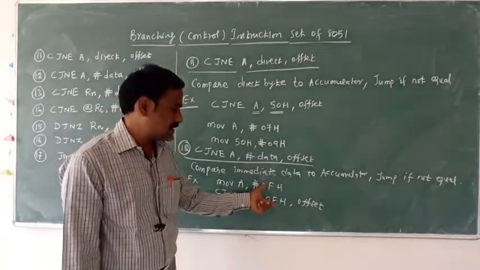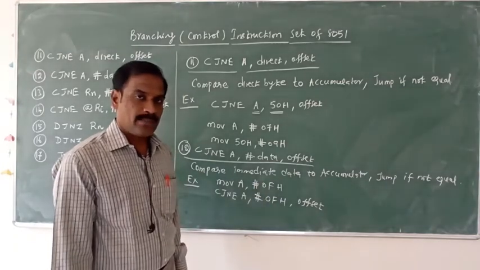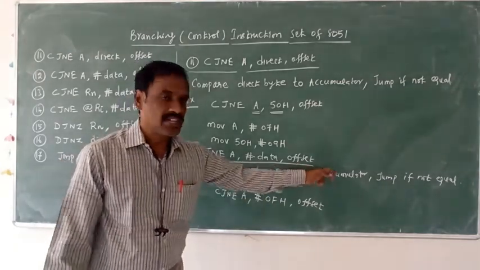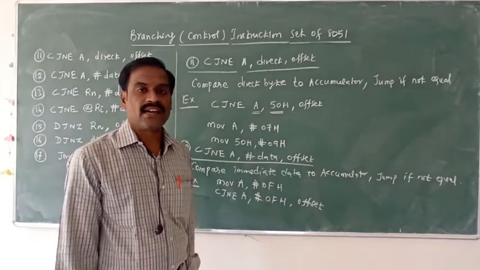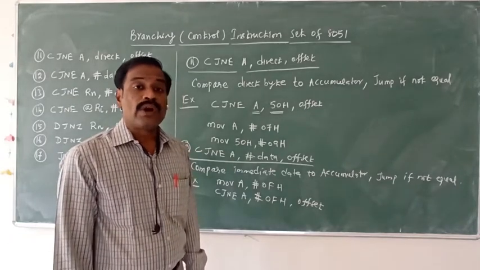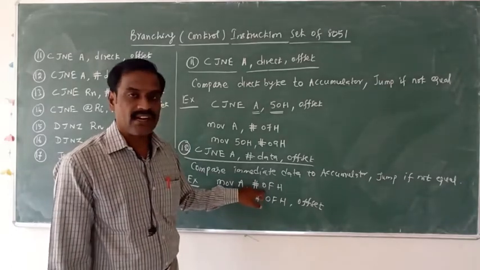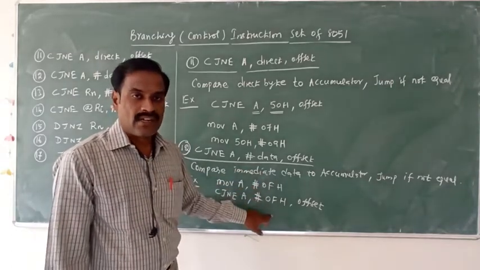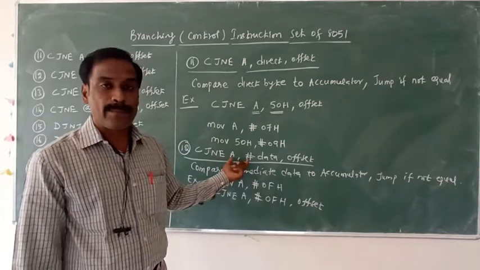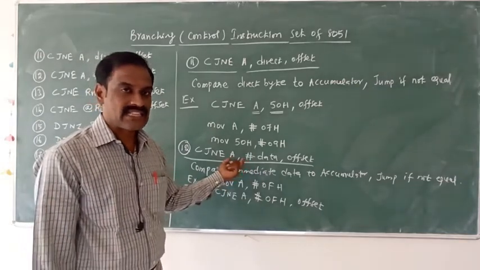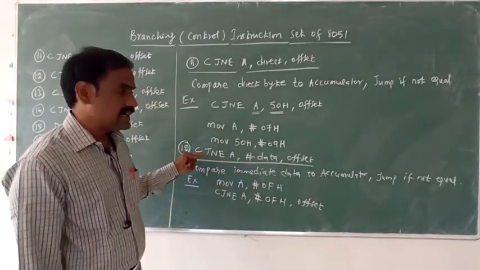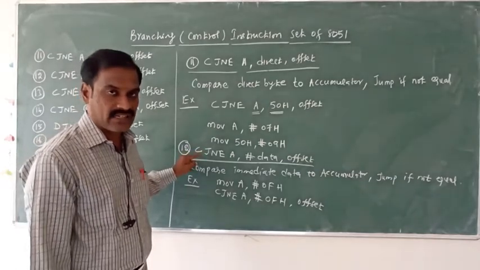Now to compare these two data and check the condition if both data are equal or not. In this case the both data are equal, so this condition will be unsatisfied. Unsatisfied means execute the next memory address location data.